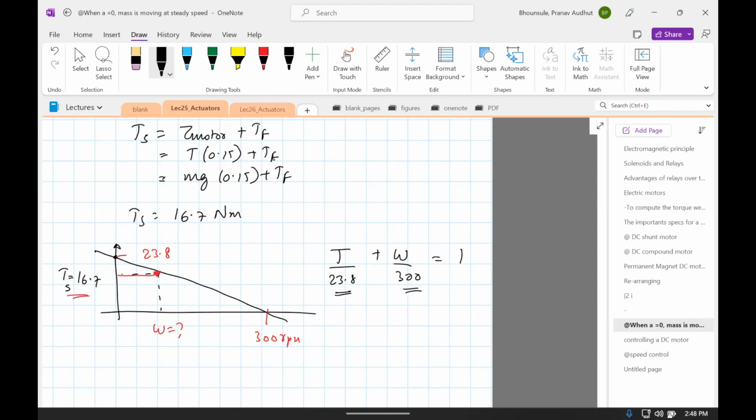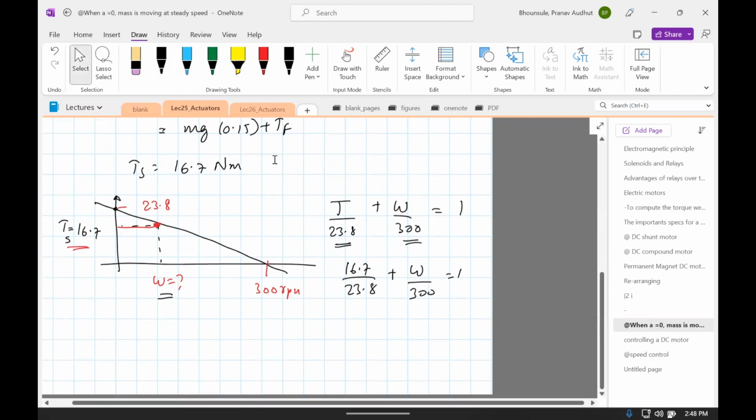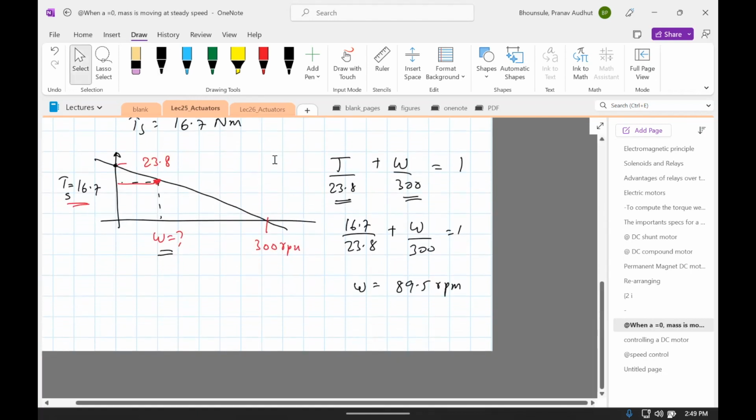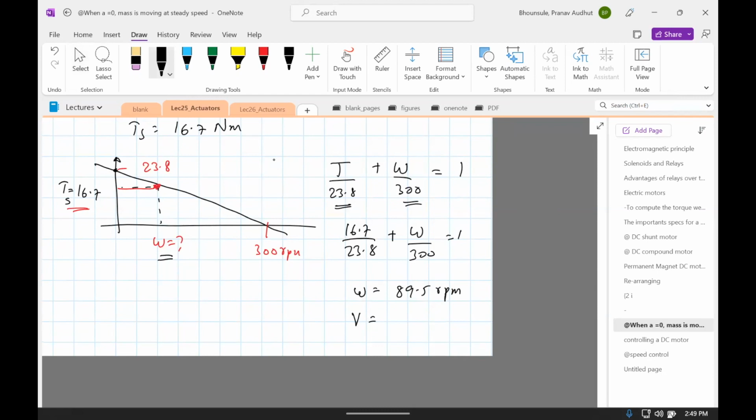So all I do now is I put T equals 16.7, and omega is the unknown, equals 1, and then I can solve for omega. That comes out to be 89.5 RPM. And if you convert that to V, to compute the speed, it's omega times R, it's 1.41 meters per second.